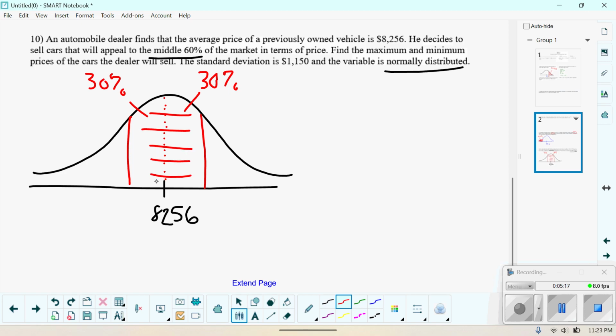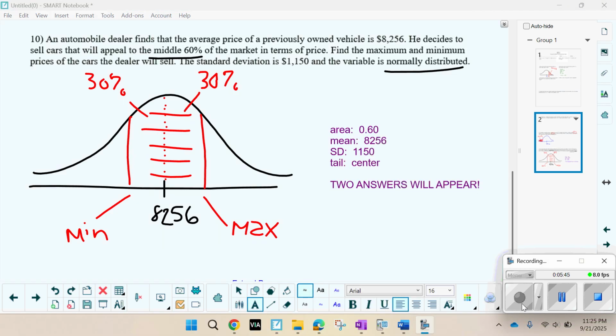All right, so with our calculators, when we get ready to find the z values, this would be the minimum over here. That's the minimum value. And then this is going to be our maximum value right here. So to find the min and the max on the inverse, our area is still going to be 60%, but our tail is going to be in the center.